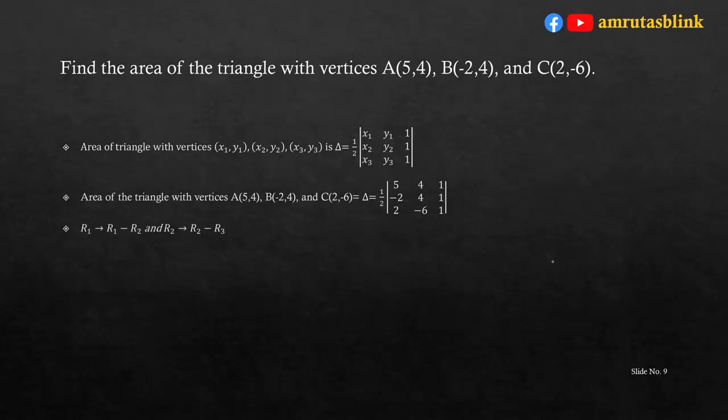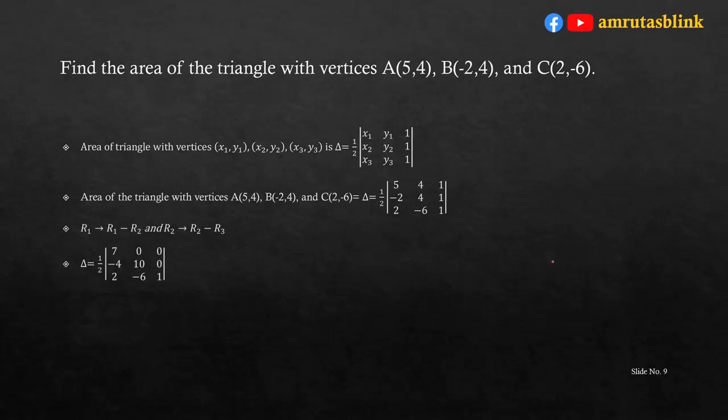Now either you can directly find out the value of this determinant or you can simplify to reduce the calculations. Let us suppose here I have done R1 will become R1 minus R2 and R2 will become R2 minus R3. So I have got delta is equal to 1 by 2 into bracket.